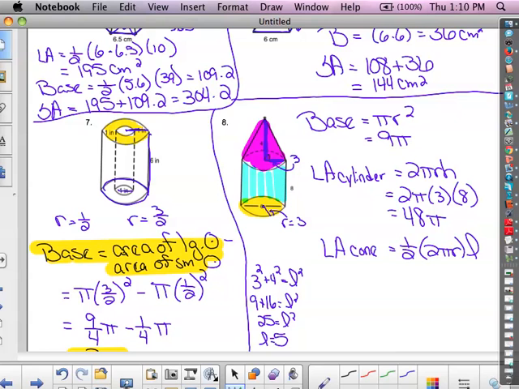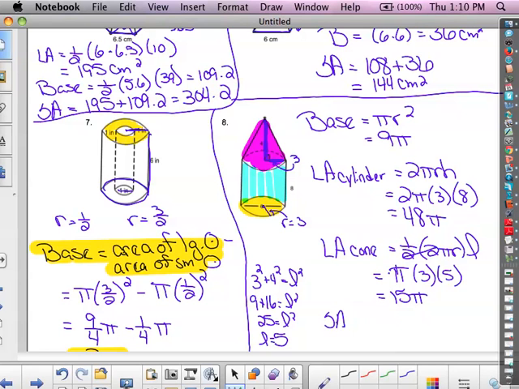So the slant height is 5. So the lateral area of the cone is, those will cancel, pi times the radius 3 times the slant height 5, which is 15 pi.